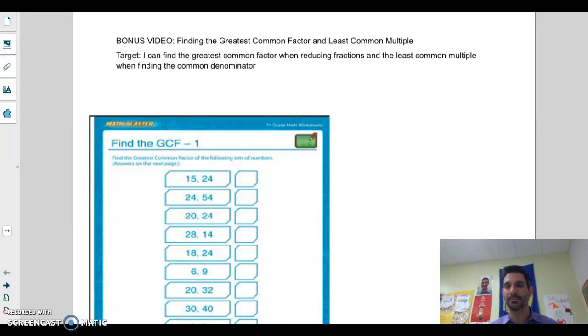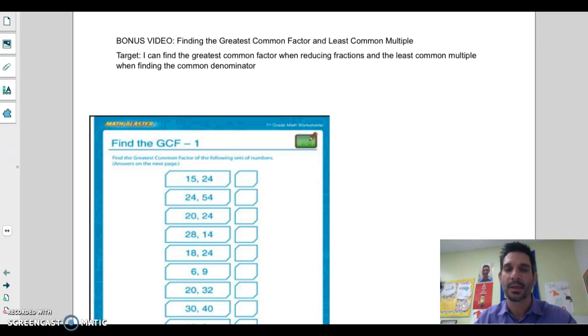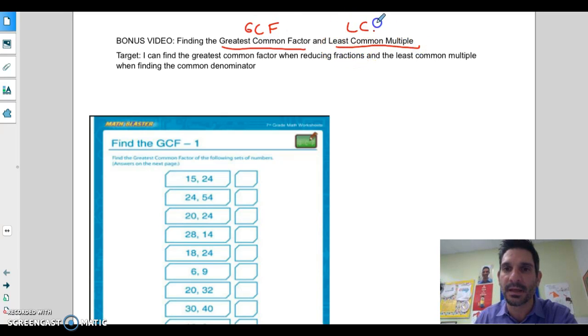So now that we're going to get into fractions a little bit more, I want to go over a couple of key things. One of them is the greatest common factor, or the GCF, and the least common multiple, LCM. My target is that I can find the greatest common factor when reducing fractions and the least common multiple when finding the common denominator.